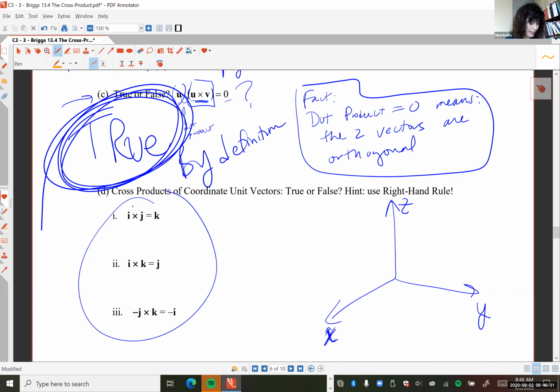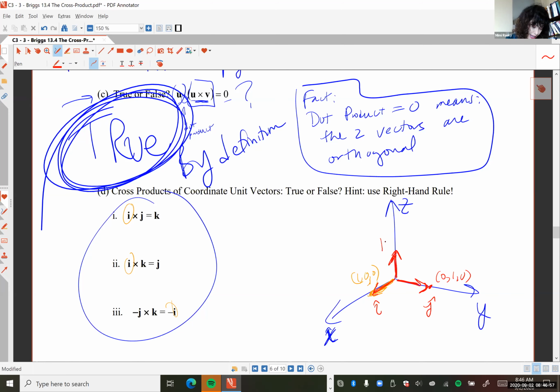So i hat is 1 unit long, and his tip is right there at the point (1, 0, 0). And then j hat, his tip is located at (0, 1, 0) on the y-axis, and he's 1 unit long.